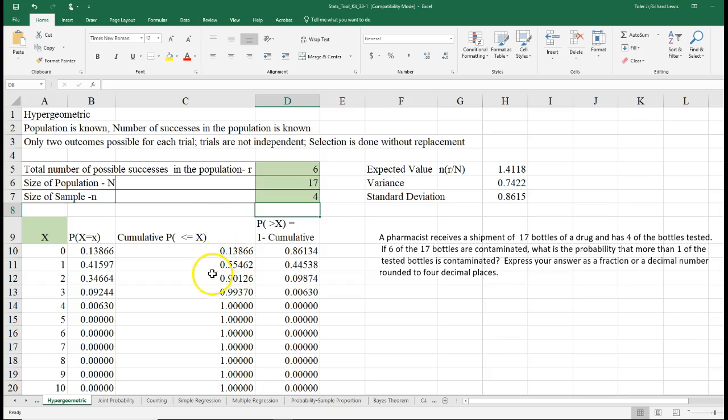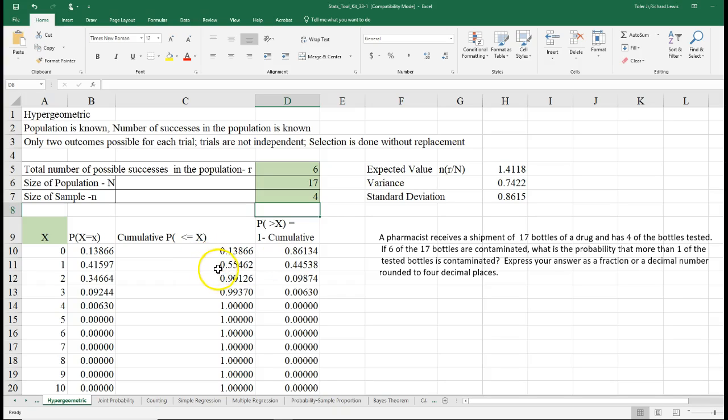The second column gives you the cumulative probability of having less than or equal to X. So the probability of having less than or equal to 1 would be 0.55462. What we want to know, though, is the probability of having more than 1.